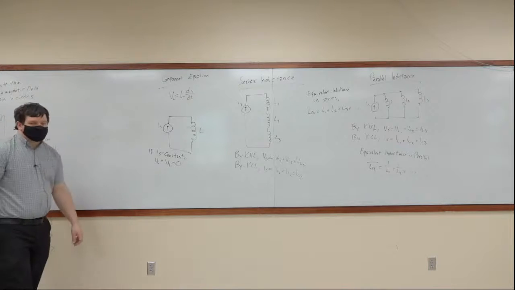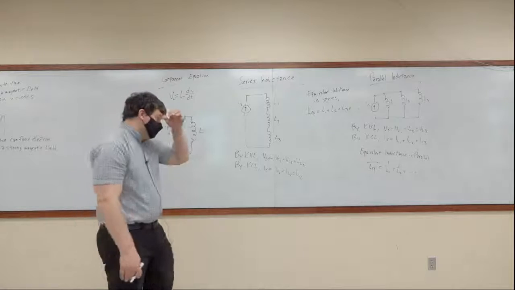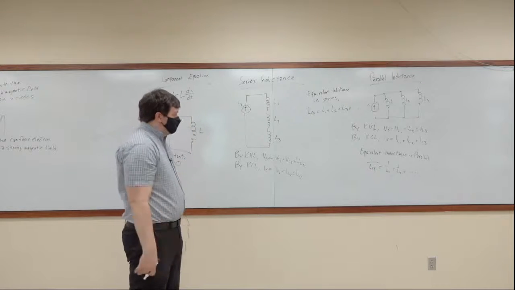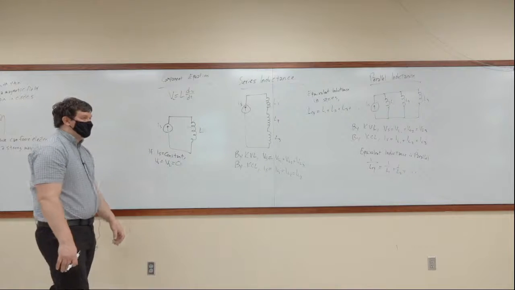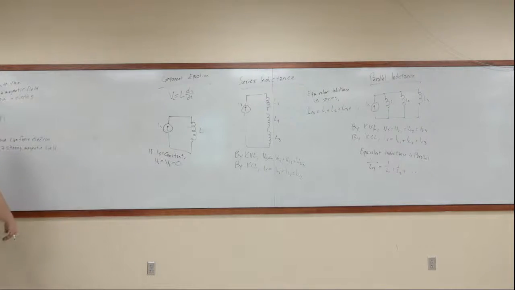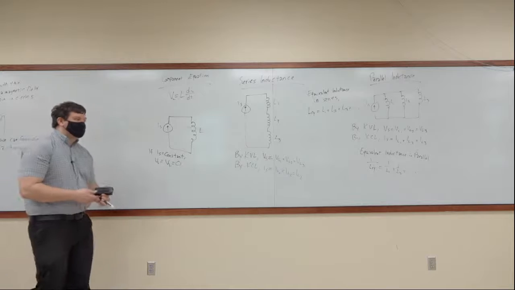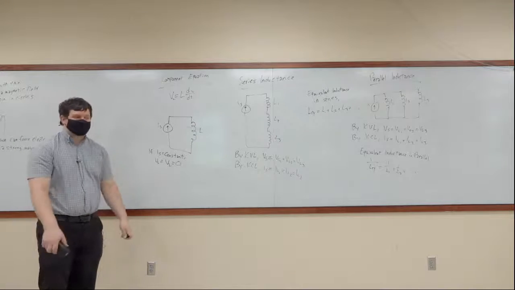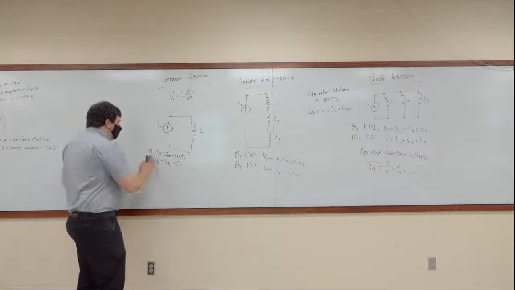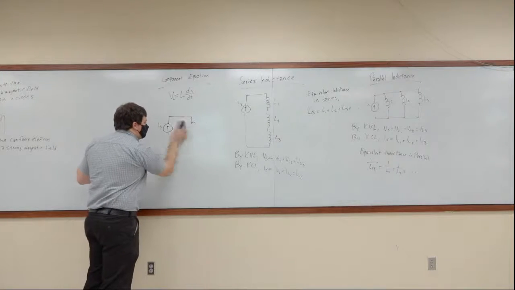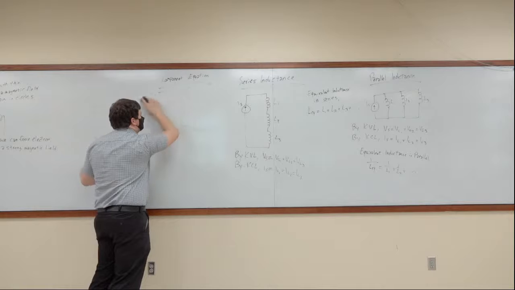So we can continue on with this idea. None of this is too terribly shocking. We'll do an example problem towards the end of class where we calculate equivalent inductance and equivalent capacitance. This is kind of dumb. If you understood the concepts from chapter 2, this should be a cakewalk for now.